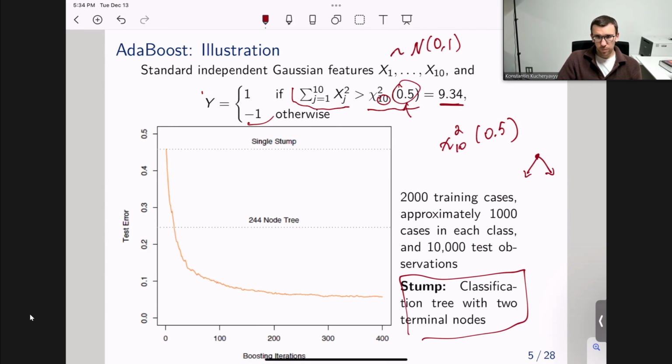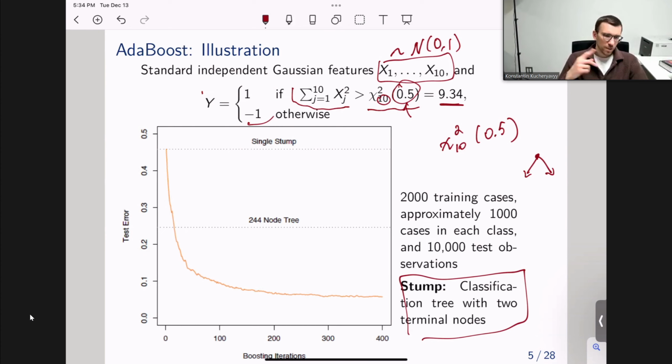An important thing to understand here is that a single stump means that even though we have 10 regressors in this example, each time we do a classification on each iteration of AdaBoost, we choose only one regressor to do the split. And that would be our step.